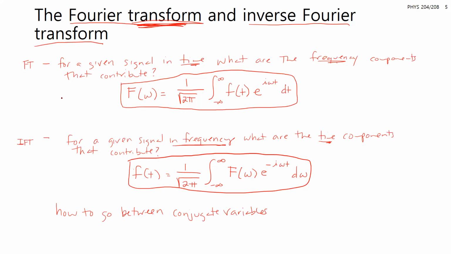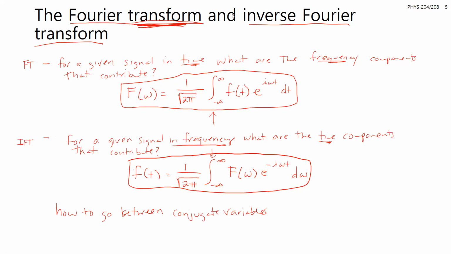So one thing to note in these equations is the limits on the integrals. You'll note that they go from negative infinity to infinity. So when you guys are working in the lab, is this representative of the data we have at all?